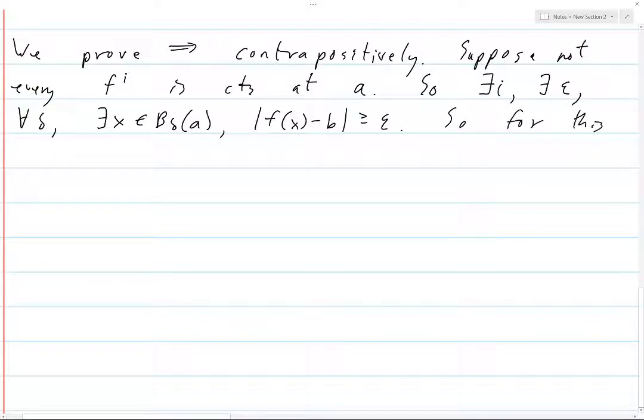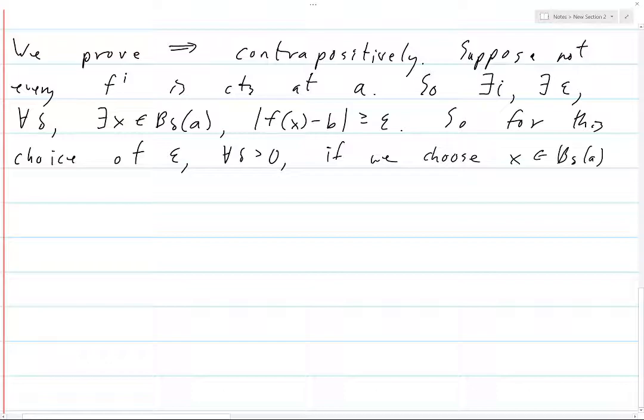For this choice of epsilon, for all delta greater than 0, we choose x in b delta a such that fi of x minus bi is greater than or equal to epsilon.